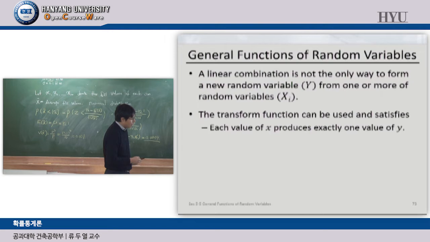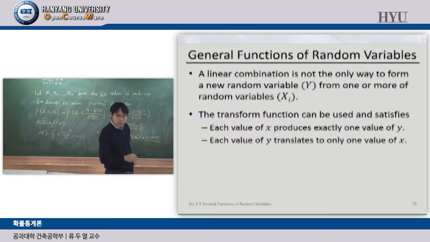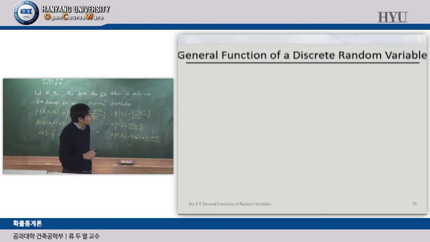The first one is that each value of x produces exactly one value of y, and also each value of y translates to only one value of x. Okay? These properties should be satisfied to use the general functions of the multiple random variables. And this can be understood in the following example.